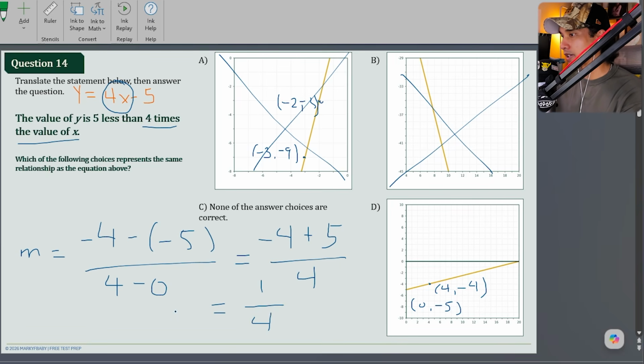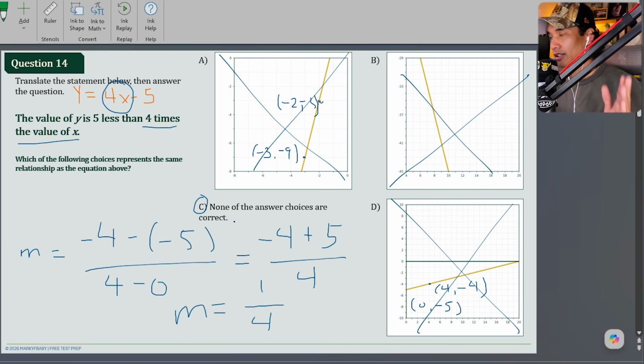And that confirms, again, that it is more of a horizontal slope because of the fraction here. And that is actually the opposite, right, of this. So D is incorrect. C is the correct answer.